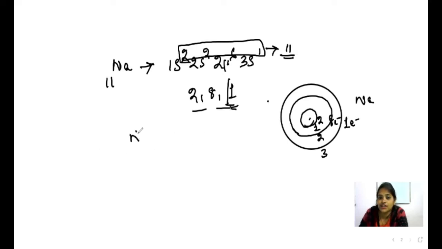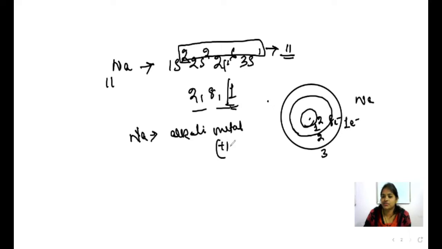And we all know that sodium is an alkali metal, which has the property of losing an electron, because all metals are electropositive in nature. As already discussed in the periodic classification of elements, alkali metals have the oxidation number +1.